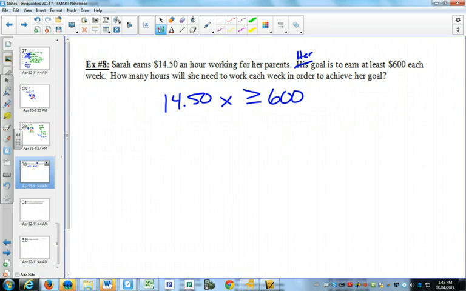So x is the amount of hours. How would we figure out what x is if we were solving this? Divide both sides by 1450. And of course, you'd need a calculator for that. So 600 divided by 1450 is 41.4.